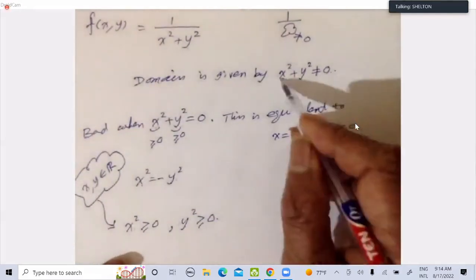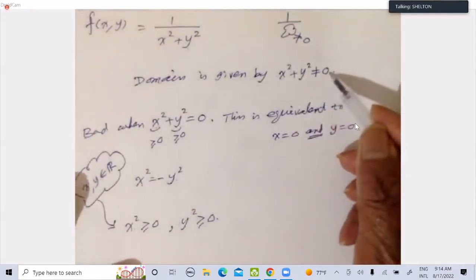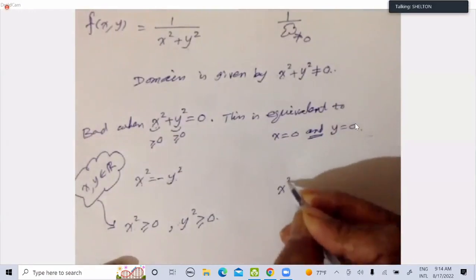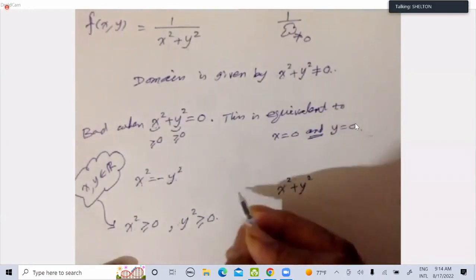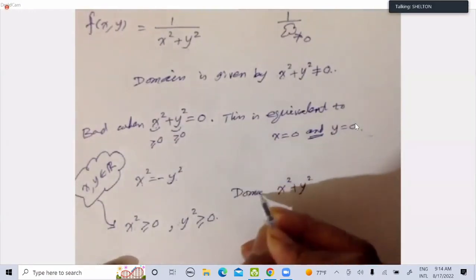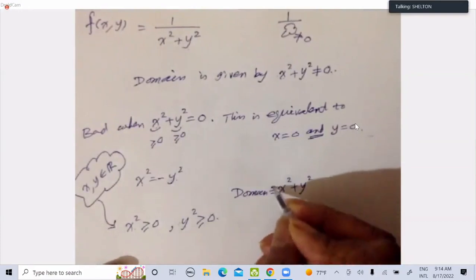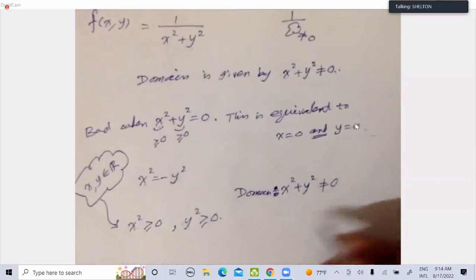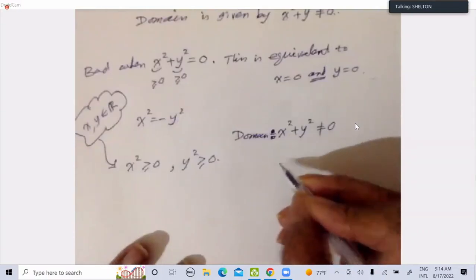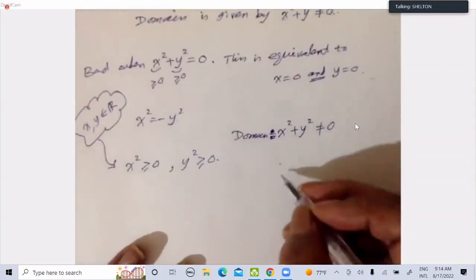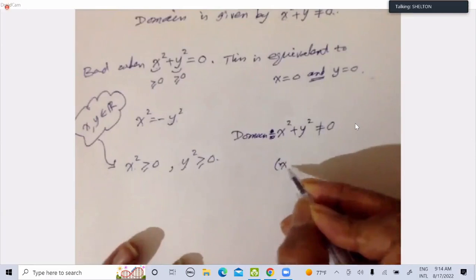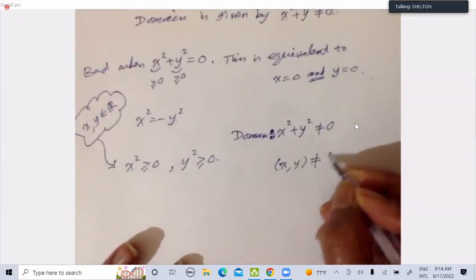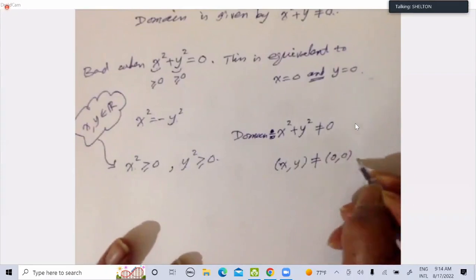So what is the meaning of this? Domain is given by x squared plus y squared not equal to 0. Same as saying x comma y not equal to 0 comma 0.